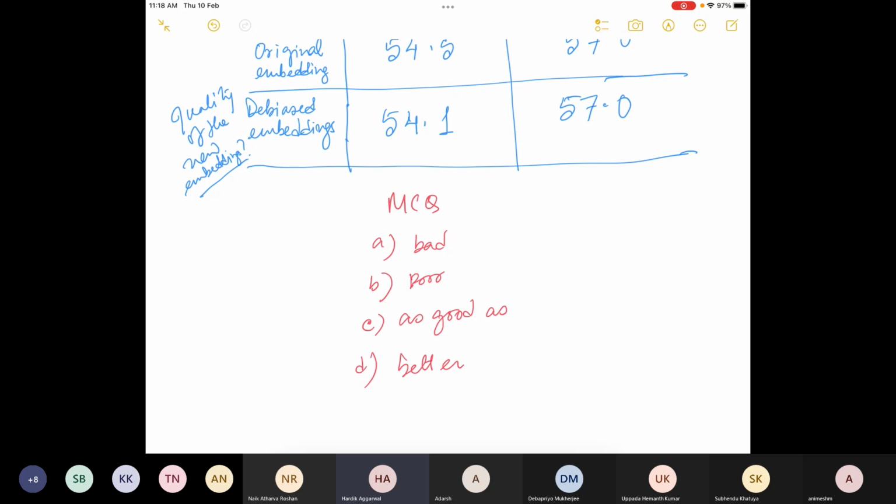So their performance is almost the same. Very good. So they are as good as. So this is what we wanted to show. The authors wanted to show that the debiasing does not hamper the quality of the original embeddings.